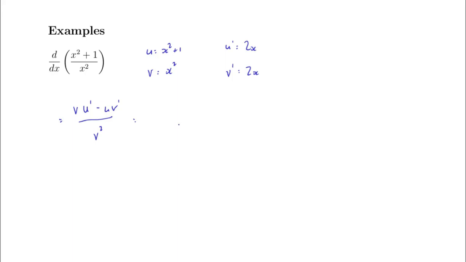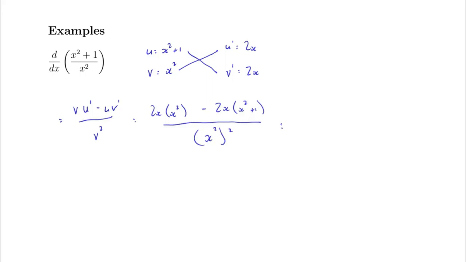Let's start chugging all that stuff in. We have V U prime, that's these two things first, 2x times x squared, minus U V prime, 2x times x squared plus 1, all over V squared. So that's x squared squared.